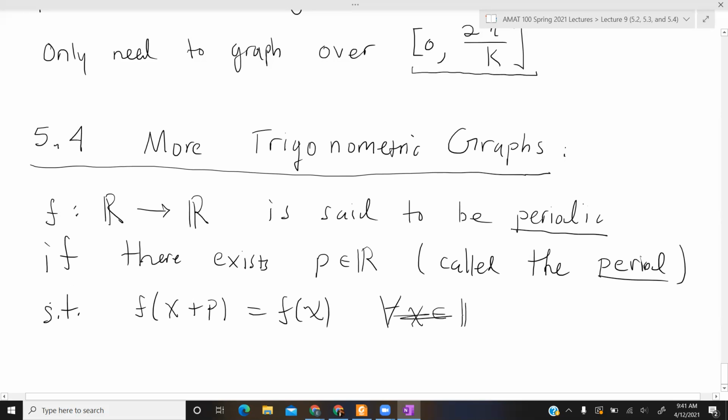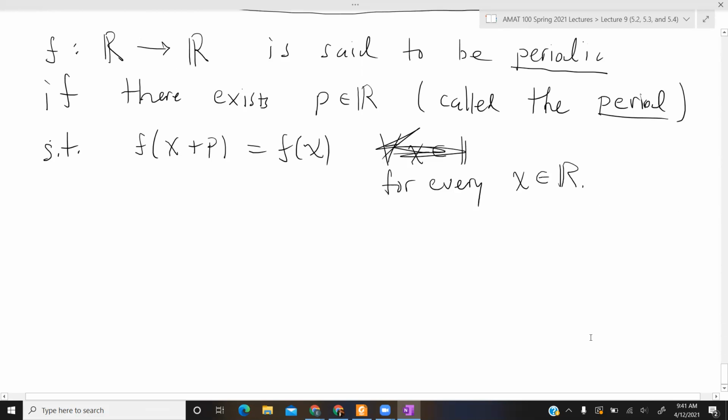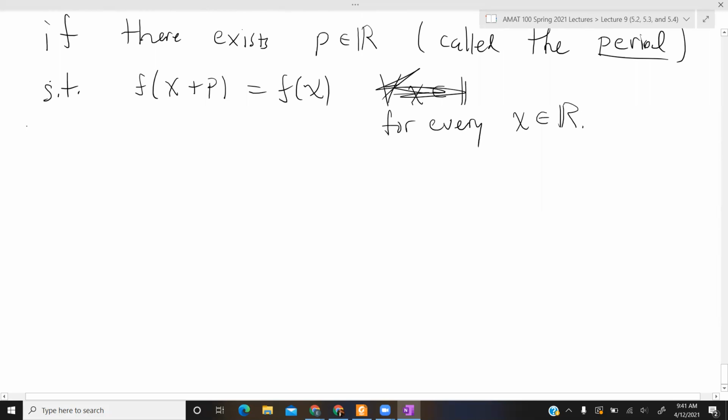So we deduced in the last video that cosine and sine have a period of 2 pi.